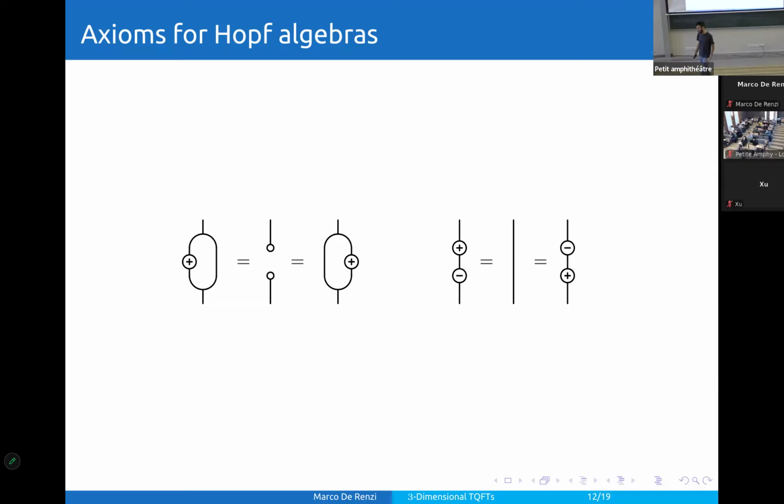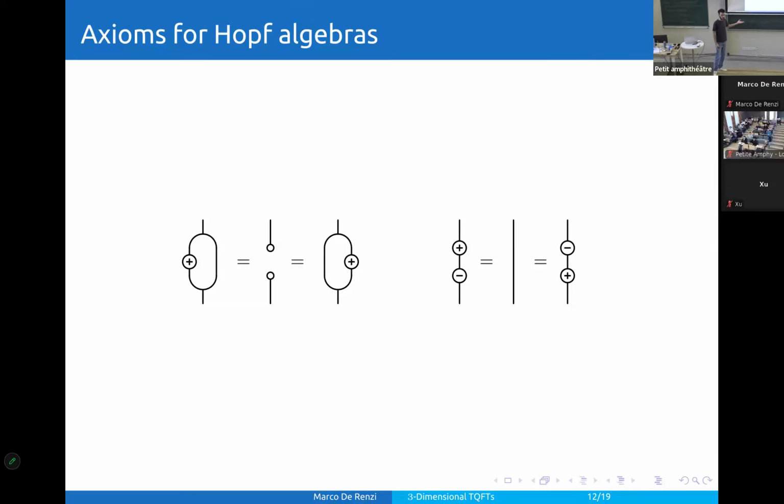So this is a Hopf algebra, and if you've seen any construction in quantum topology, you've probably already met Hopf algebras because they're everywhere in quantum topology. Why are they everywhere in quantum topology?